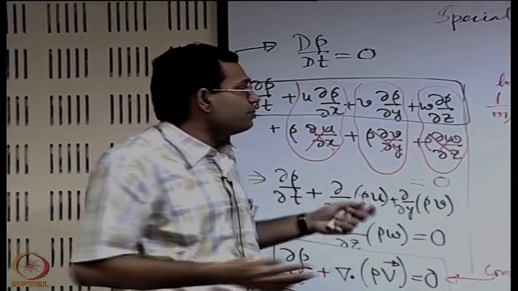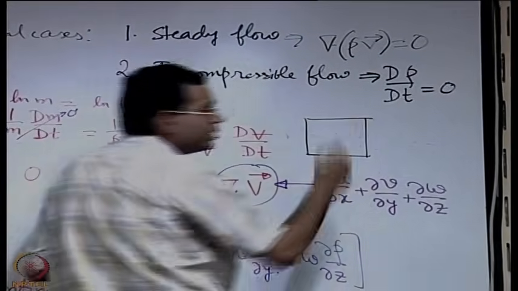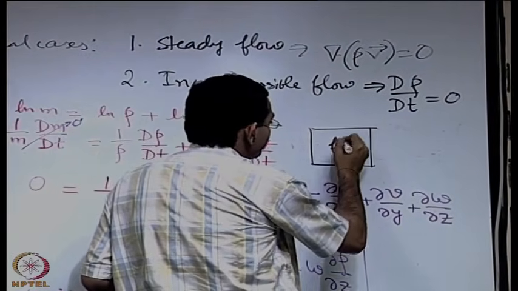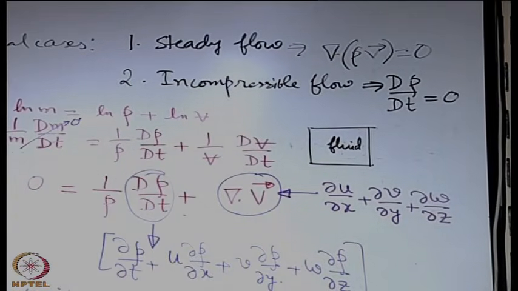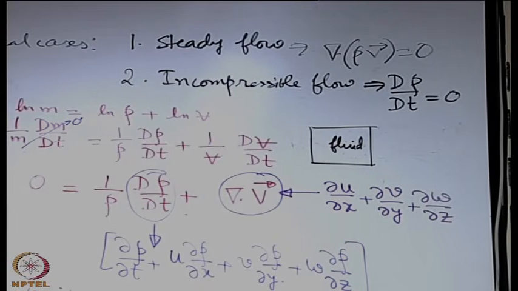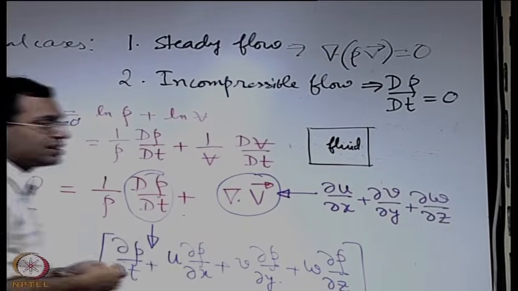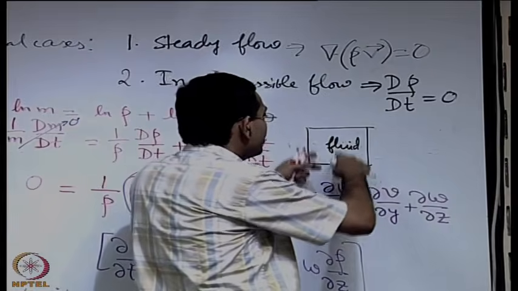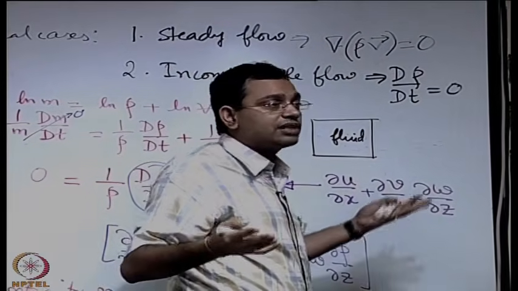A typical example is, let us say you have a domain like this, and within it there is a fluid. Now this fluid changes its phase, say it was in liquid phase, now it becomes vapor phase. When it becomes vapor, it becomes lighter, so the same mass cannot occupy this volume, it wants to occupy an extra volume.